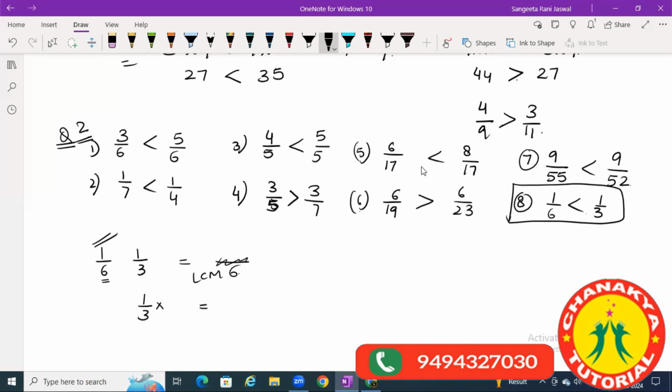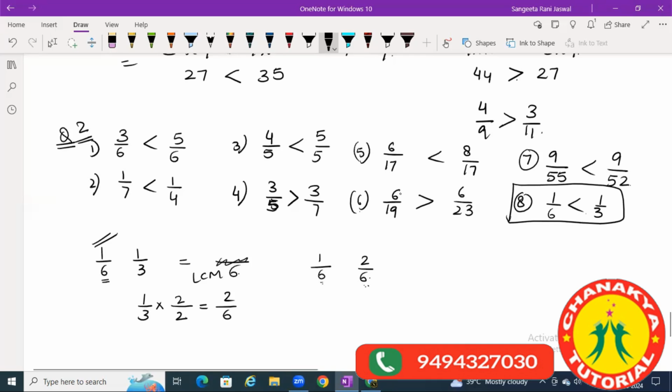Now I want to make its denominator 6. So what will I do? I will multiply both numerator and denominator with 2. So that I have denominator 6 and numerator 2 now. So 1 by 6 and 2 by 6. Now I have made the denominators equal. So this was just my question.